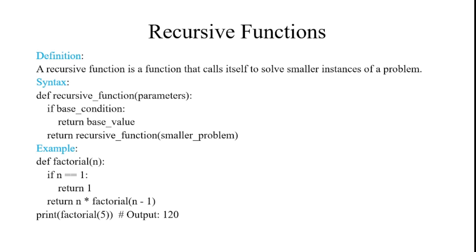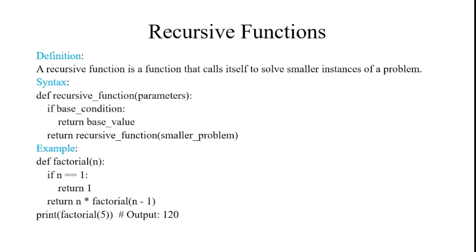Now let's see the example. Suppose we have to write a recursive function to find the factorial of a number. Suppose we have a number n whose factorial we have to find. The function is defined using the def keyword, name of the function, and in brackets we are passing a value. Now the base condition is when n is equal to 1. What is factorial?